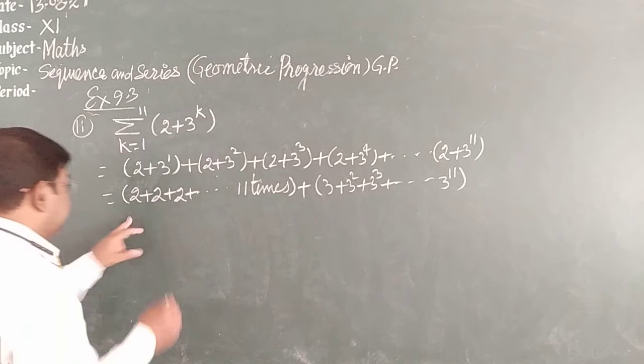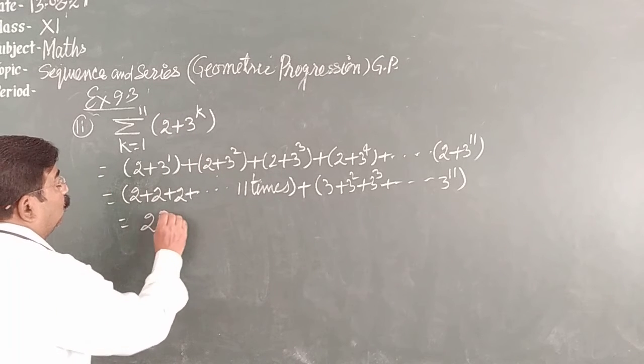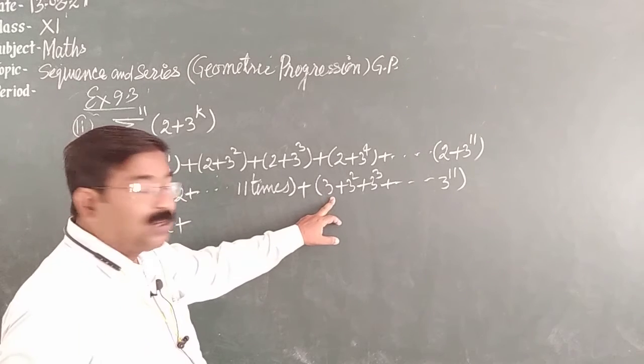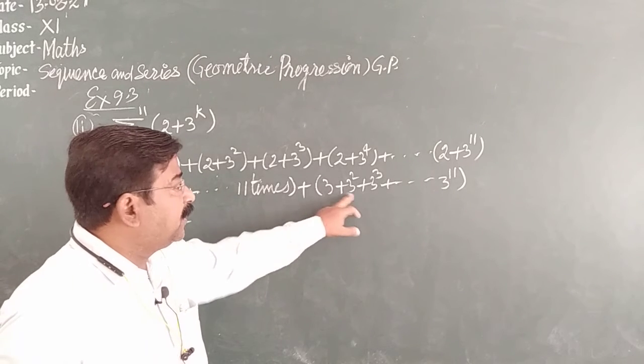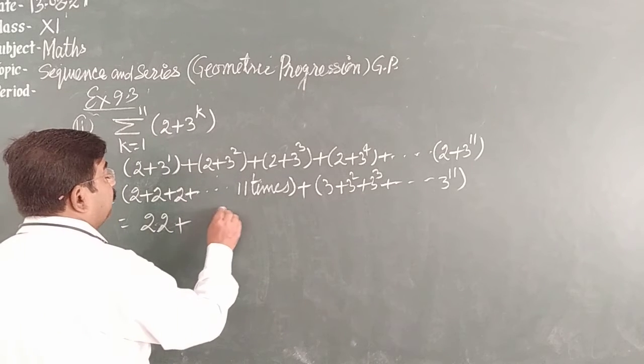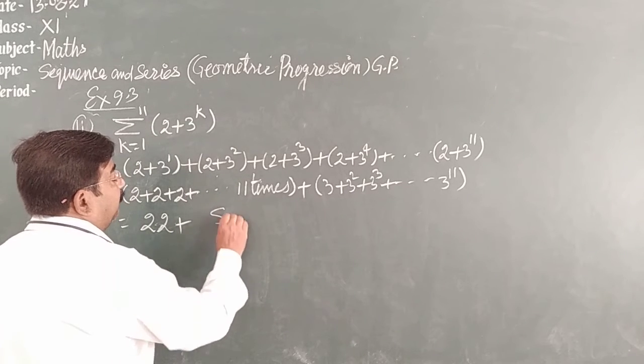So the first sum is 22, plus here the first term of the GP is 3 and the common ratio is also 3. So we can find the sum of 11 terms. We can write S11.